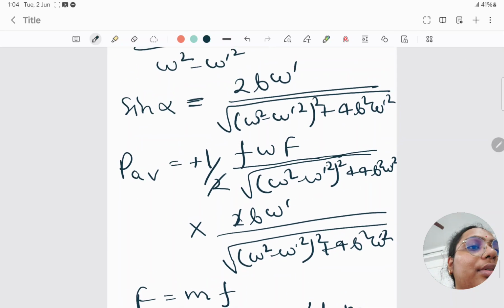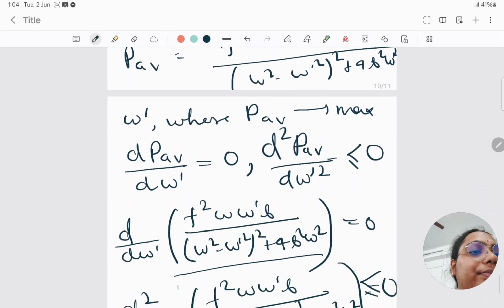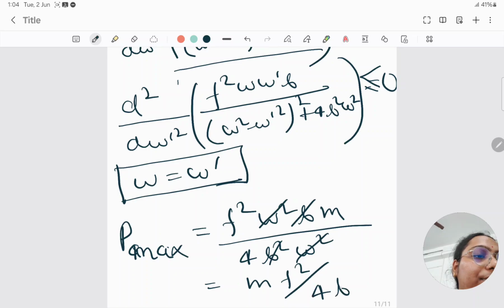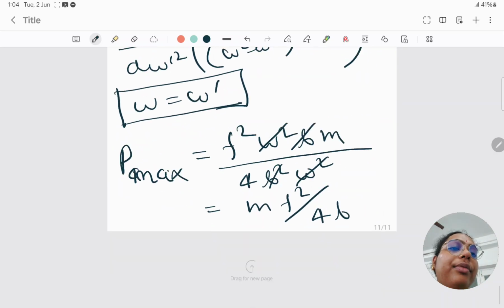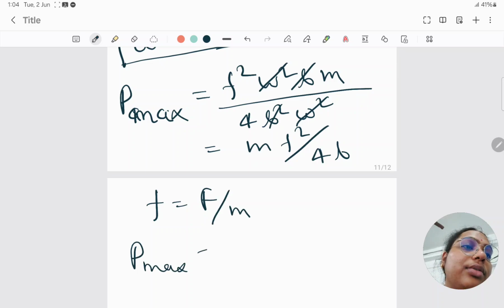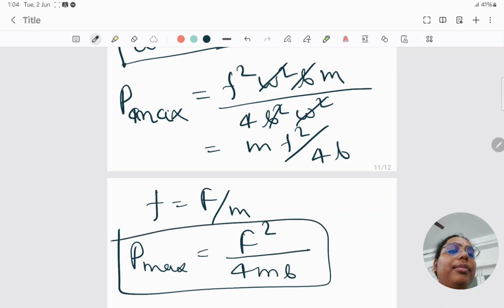Yes, this is m now. So what we will get then? It will be m f² by 4b. Is it fine? Yes. If we put it in terms of f equal to F by m, then what we will get? P max is equal to F² by 4mb. Okay, this will be P max.